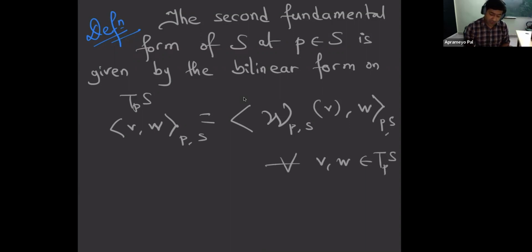Okay, so you define a bilinear form like an inner product using the map here. And why is this valid? Because W_P S(V) is an element in T_P S, right? Because that's minus d_P G. d_P G is a map from T_P S to T_P S, and this is also an element in T_P S. And on T_P S, we know the inner product. So this is that inner product.